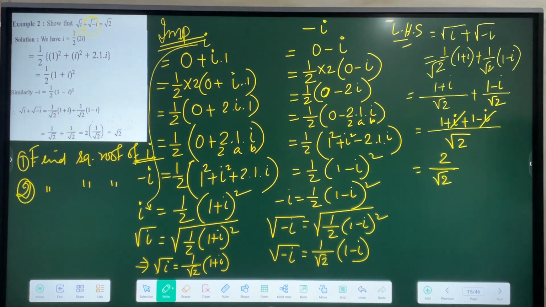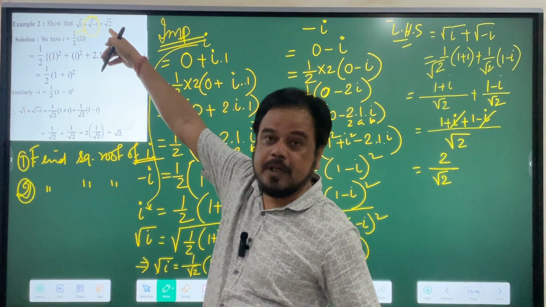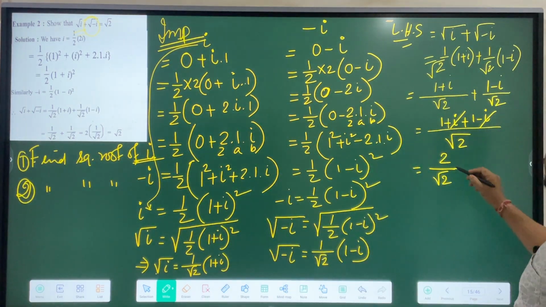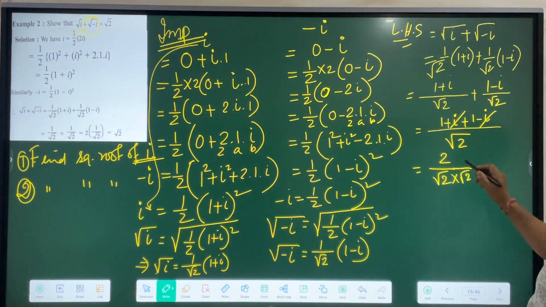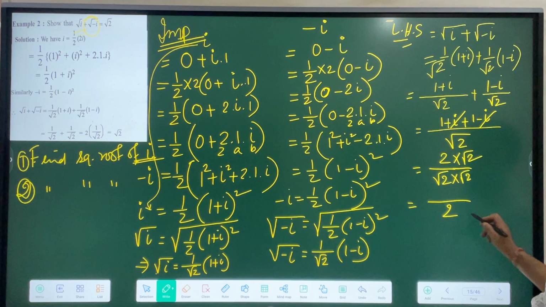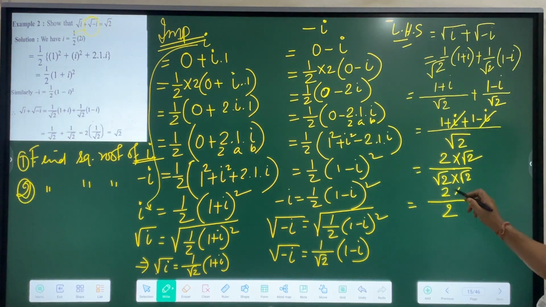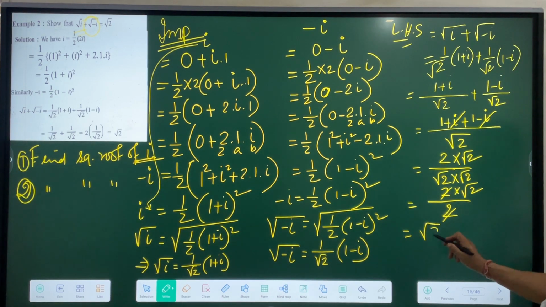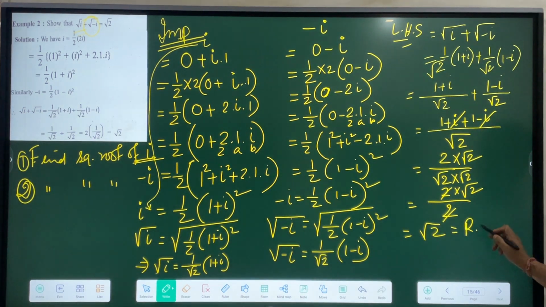But 2 by root 2 is not the answer, because on the right hand side only root 2 is there. So what will we do now? We will multiply by root 2 in numerator and denominator. Root 2 into root 2 is root 2 square, which is 2. This 2 is as it is, 2 cancels, leaving root 2, which equals the right hand side.